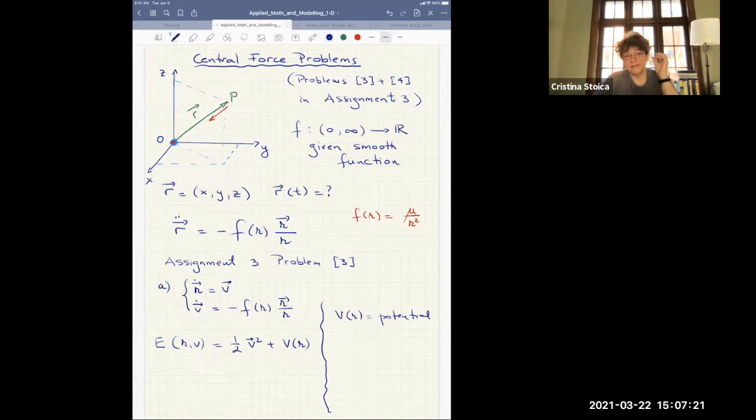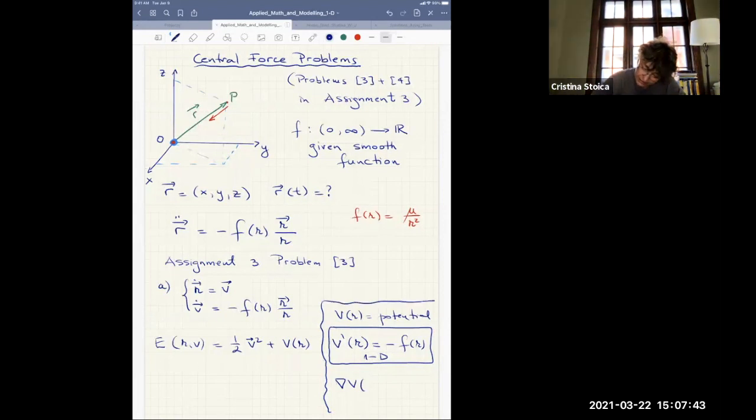Now, what does the potential mean? I missed a sign in the other problem. The potential has the wonderful property that V prime of r is minus F of r if it's in 1D. But here, we have to take the gradient of V, because r is something like this.